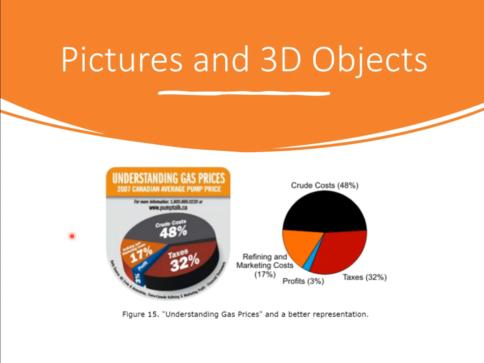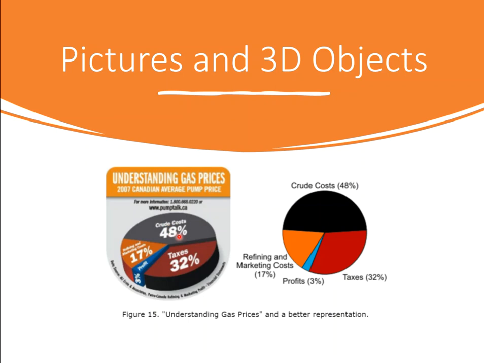If you notice, I can look at the percentages of this graph over here, and I know that the crude cost, which is at 48%, is higher than the taxes, if we're talking about gas prices here.